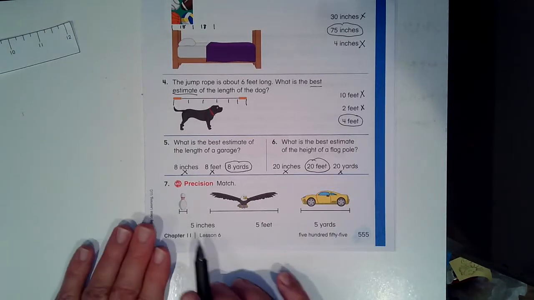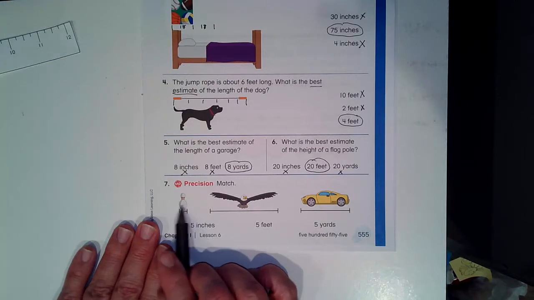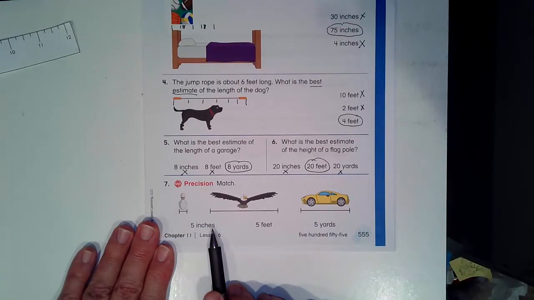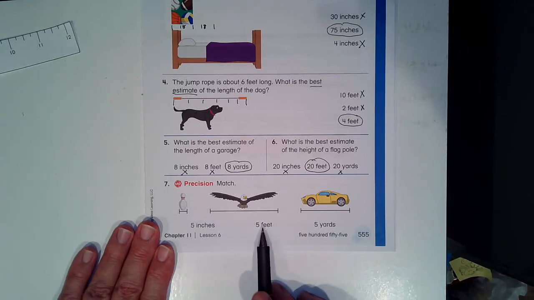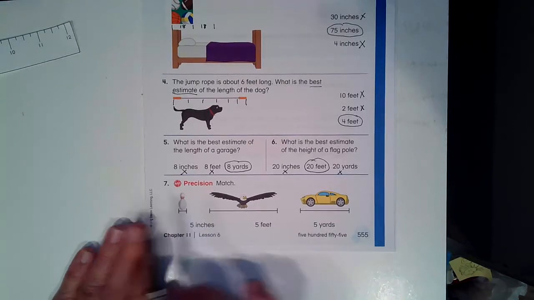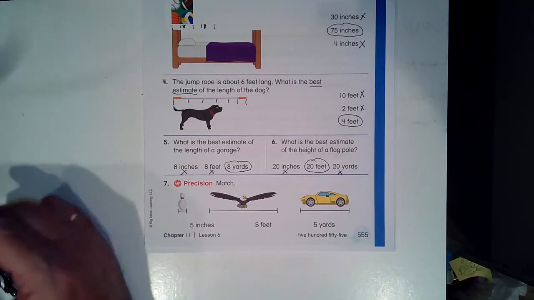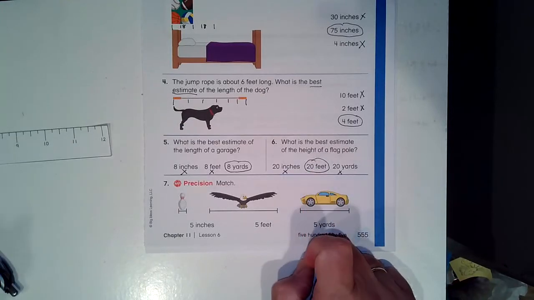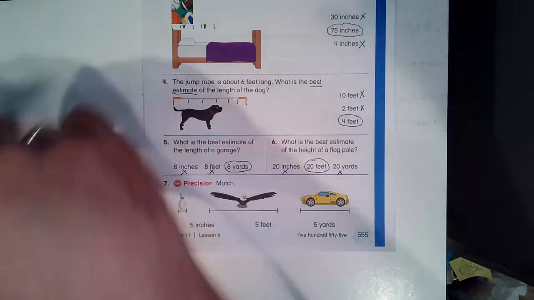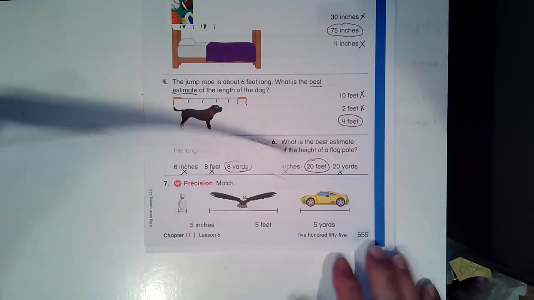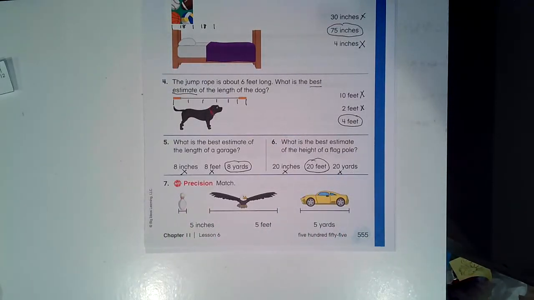Let's see. A bowling pin, do we see that as inches wide, as feet wide, or yards wide? A bowling pin. Would I want to see that that is 5 inches, 5 feet from one of these? So 5 of these, or 5 yards?